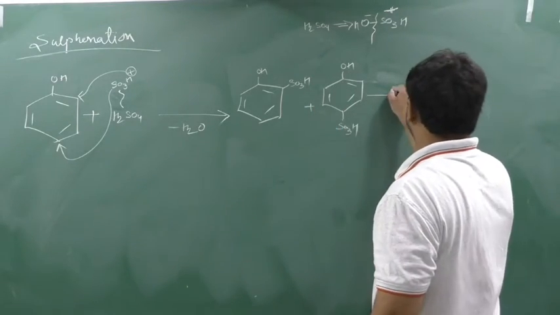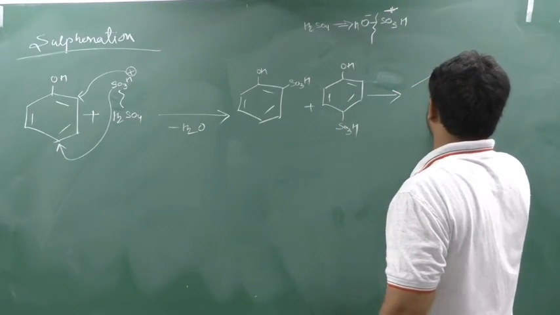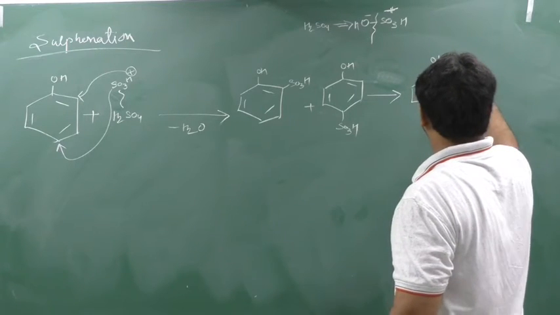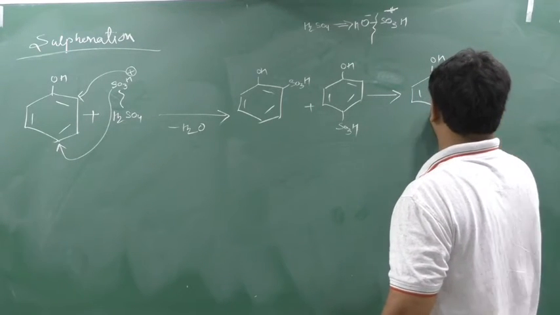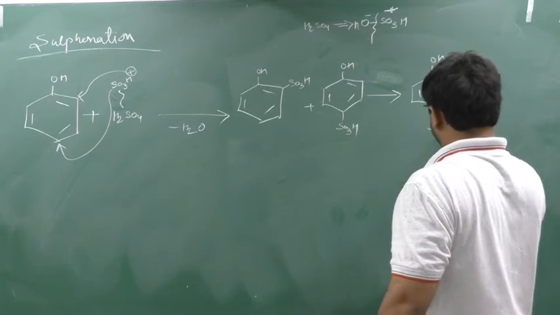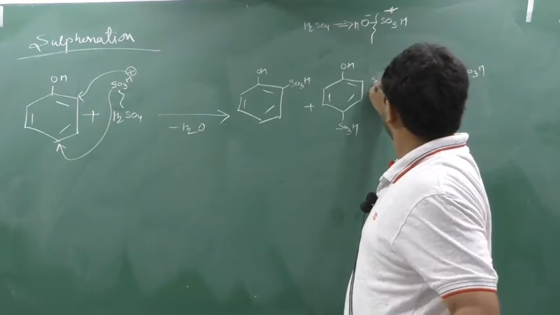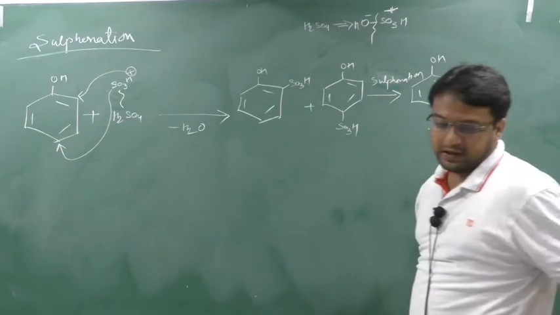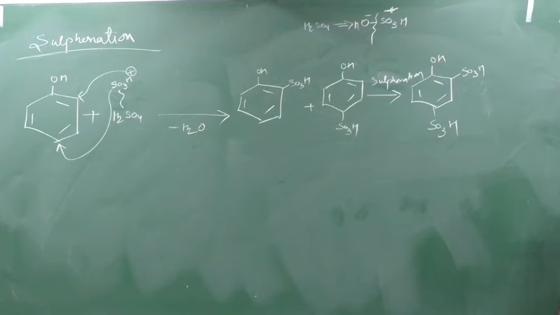Again on further sulfonation, what will you get? You will get a mixture, the disulfonic acid. Clear? So on further sulfonation, you will get this mixture. Now it's very important, please check it out.